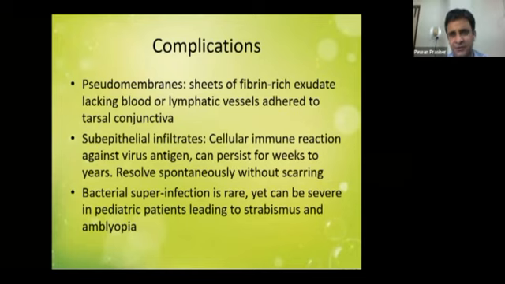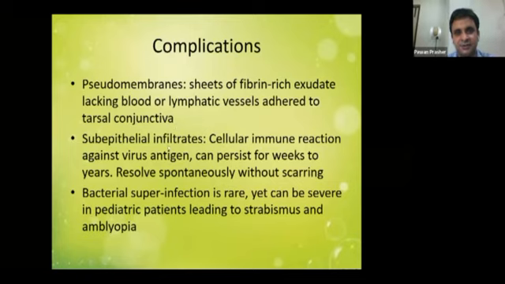As I said, most of these patients recover by themselves, but there are some complications which we as ophthalmologists should be aware of, and we have to treat them accordingly. Pseudomembranes are sheets of fibrin-rich exudates lacking blood or lymphatic vessels, and usually they are adherent to the tarsal conjunctiva.